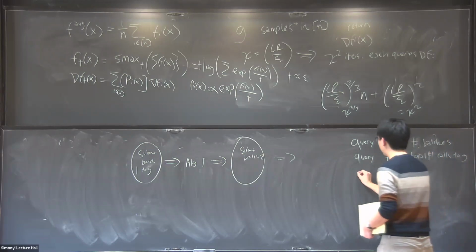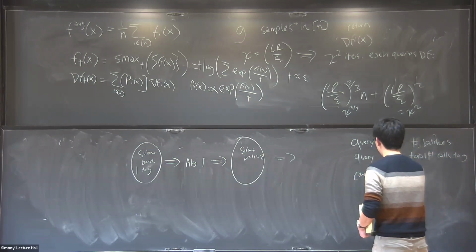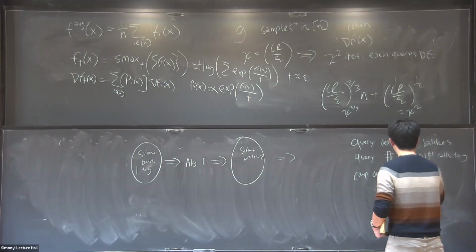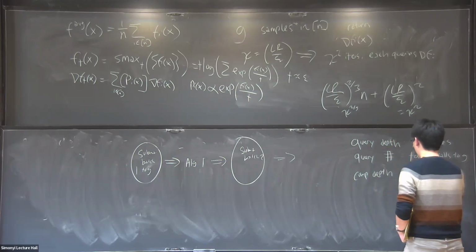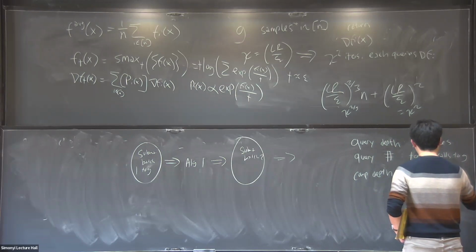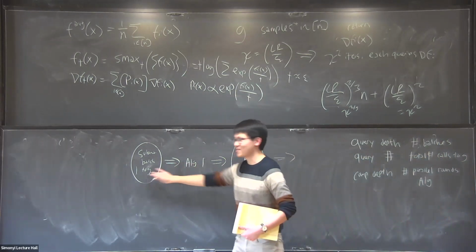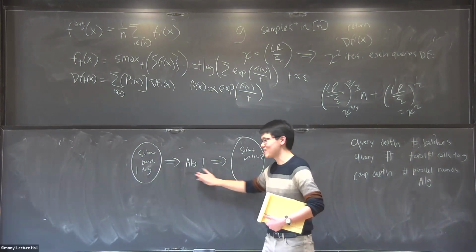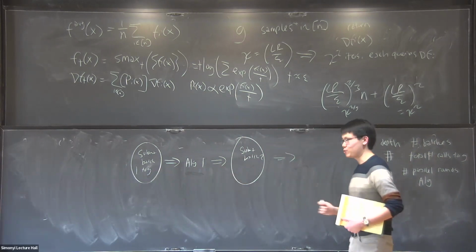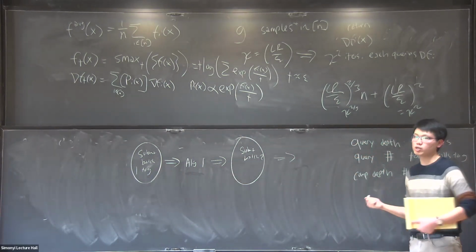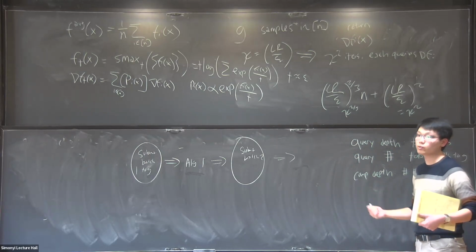And then finally, we want to understand the computational depth, the number of parallel rounds of my algorithm. The point is, even if these things are parallel, we don't want them to be sequential. So these are the three main parameters by which we measure the complexity of parallel algorithms.